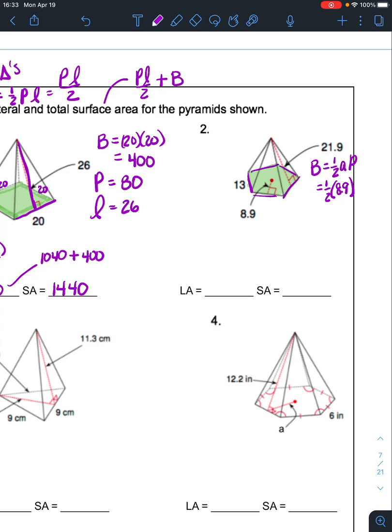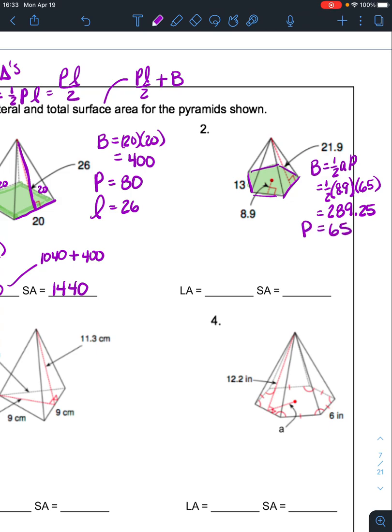So there are 5, because it's regular, there are 5 side lengths that are 13. So that is 65. So my perimeter of my base is 65. So 65 times 8.9 divided by 2. Don't forget to divide by 2. The formula says to divide by 2. It's 289.25.